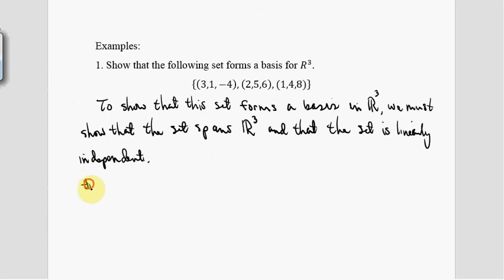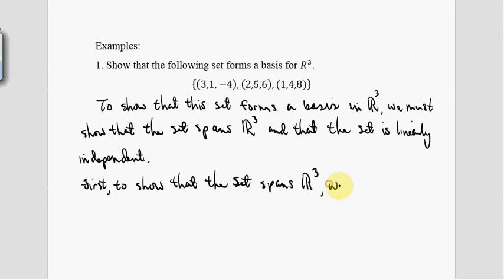So first, to show that the set spans R3, we must show that any arbitrary vector in R3 can be written as a linear combination of the given vectors.